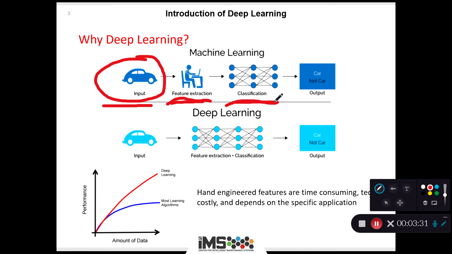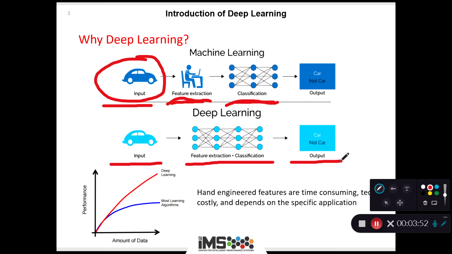But using deep learning, it is more simplified. We are still given the input, the car image. We don't need to do feature extraction. We just put the raw image as the input to our deep learning model, and then the model will directly tell us whether it is a car or not.